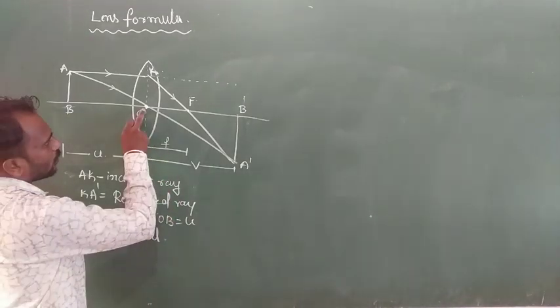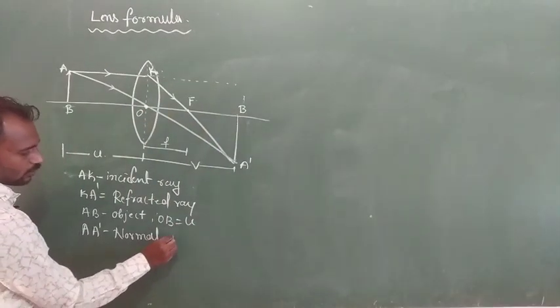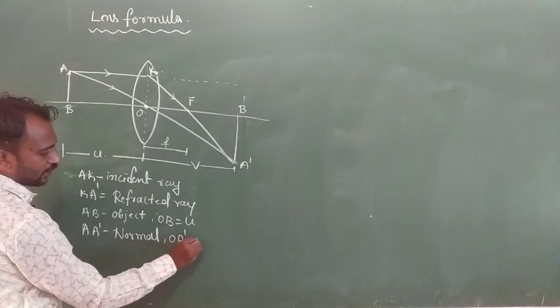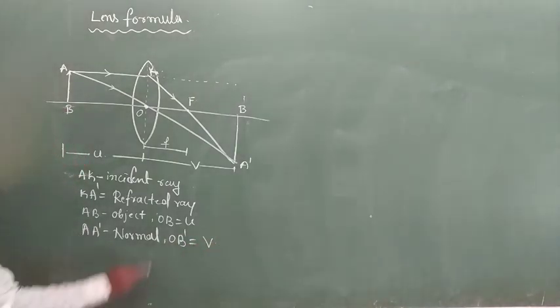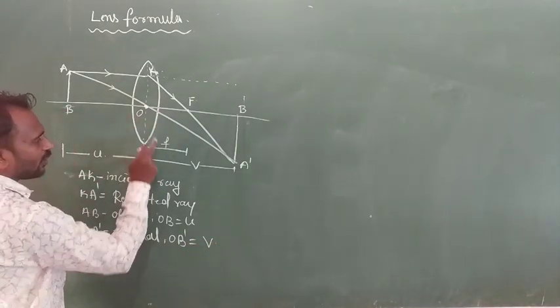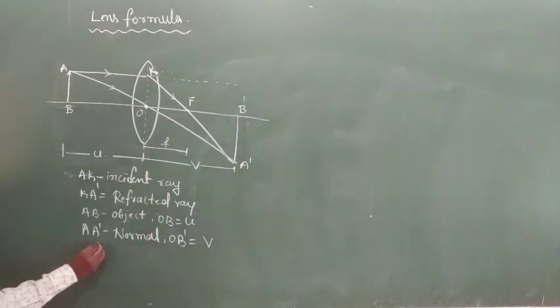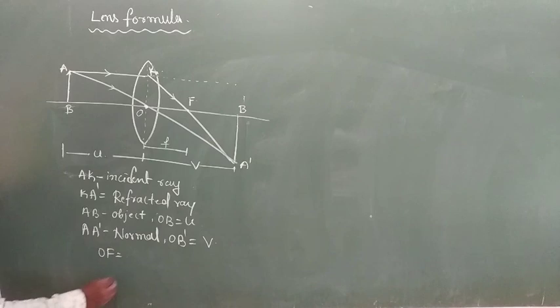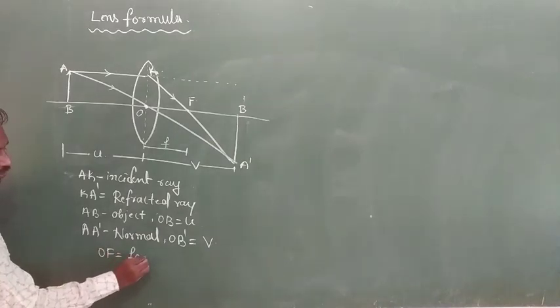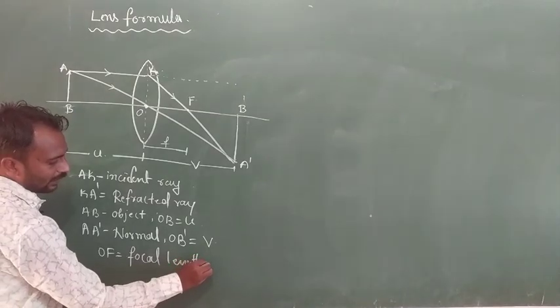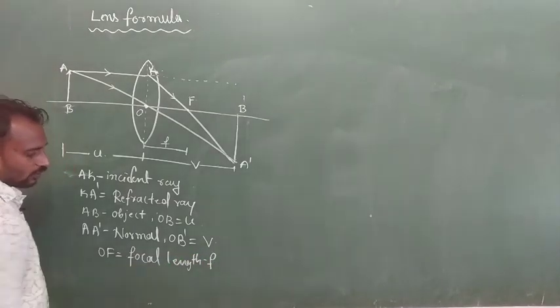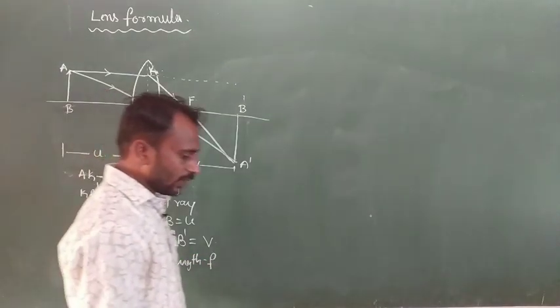Another one is OB dash, the image distance, which is V. OF, the distance in between, is the focal length: OF, optic center to principal focus, the focal length small f.